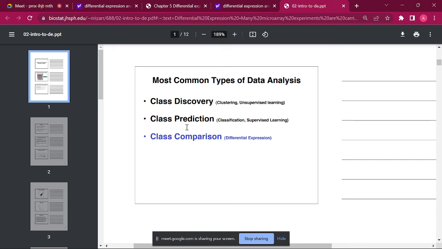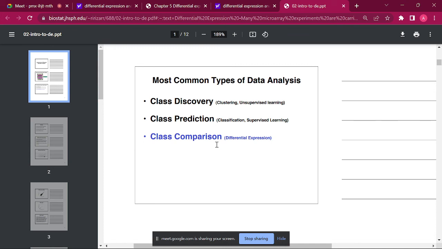That is, this particular patient belongs to cancer, non-cancer, something like that. And then we get some data of the patient and we have to predict and tell, is the patient cancerous or not? This is known as a classification-based problem, and it is called class prediction. This is all machine learning.